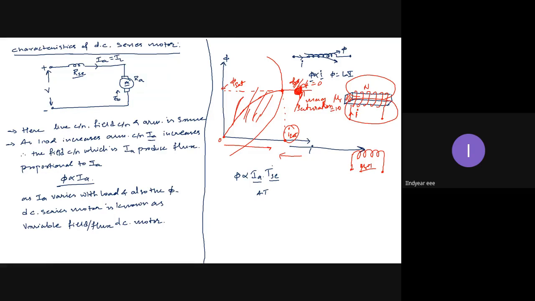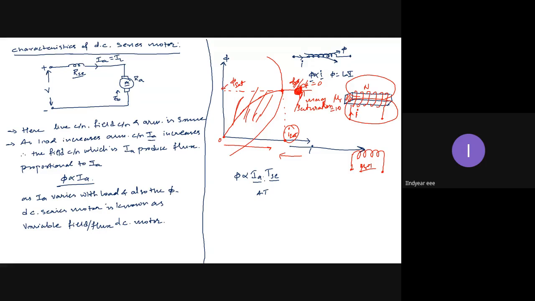So I can't have control over IA because IA is decided by the load. If I go on increasing the load, my IA goes on increasing, and IA into TSC also goes on increasing, so flux goes on increasing. So how to control it? I will know the rated output of the motor, and with a known output I can fix the maximum value that IA can reach in the armature circuit.